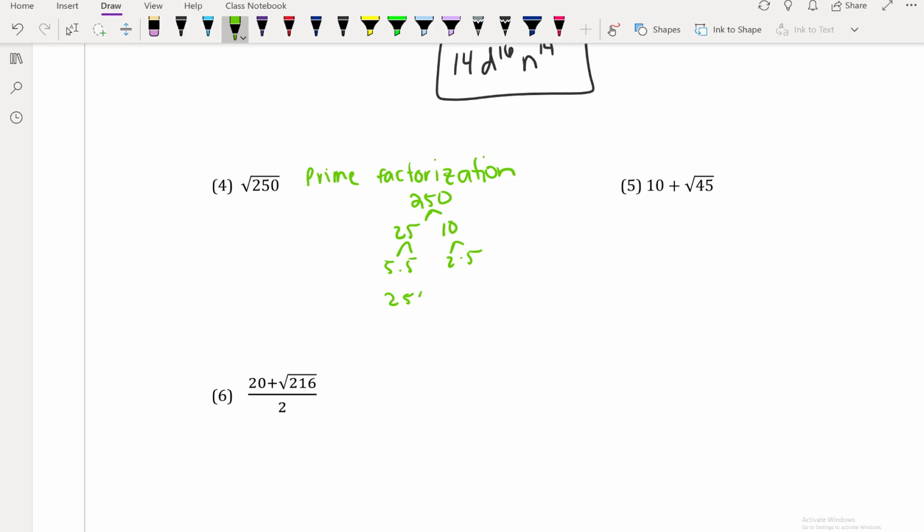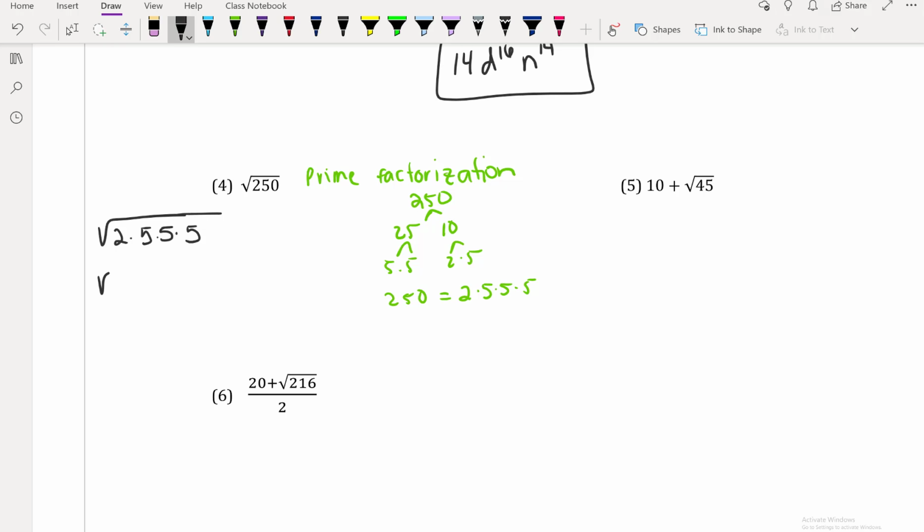So I know that 250 is equal to 2 times 5 times 5 times 5. So now I can break down that 250 pretty nicely.